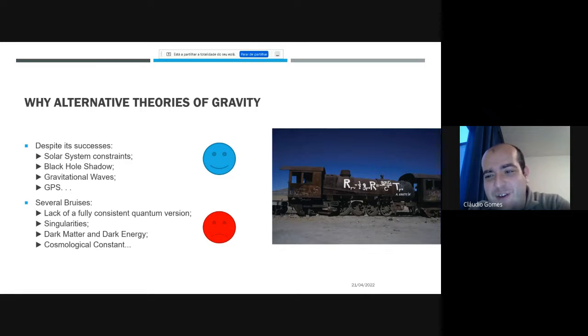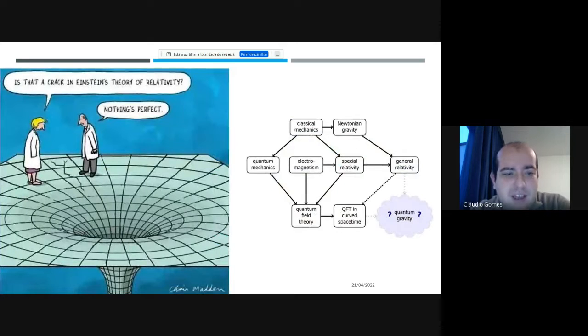So, you can see perhaps general relativity is a little bit rusty, like this old train. So we need to look for alternative solutions. You know, general relativity can really have a crack in it, okay? As Newton's gravity was reformulated by Einstein, in a different, more general way, with a completely different meaning for gravity, okay?